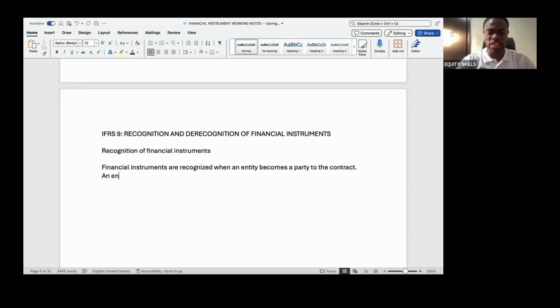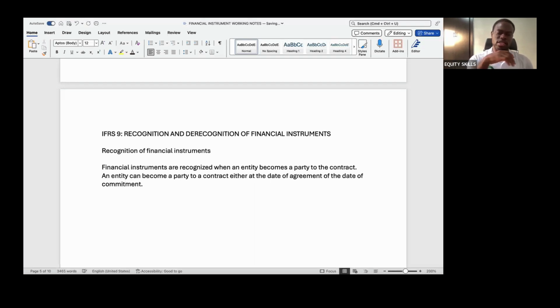And an entity can become a party to a contract either at the date of agreement or the date of commitment.